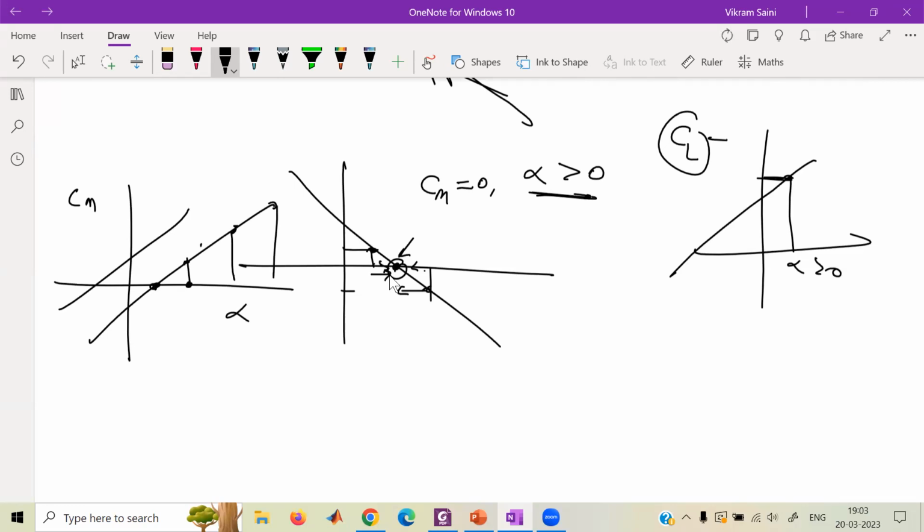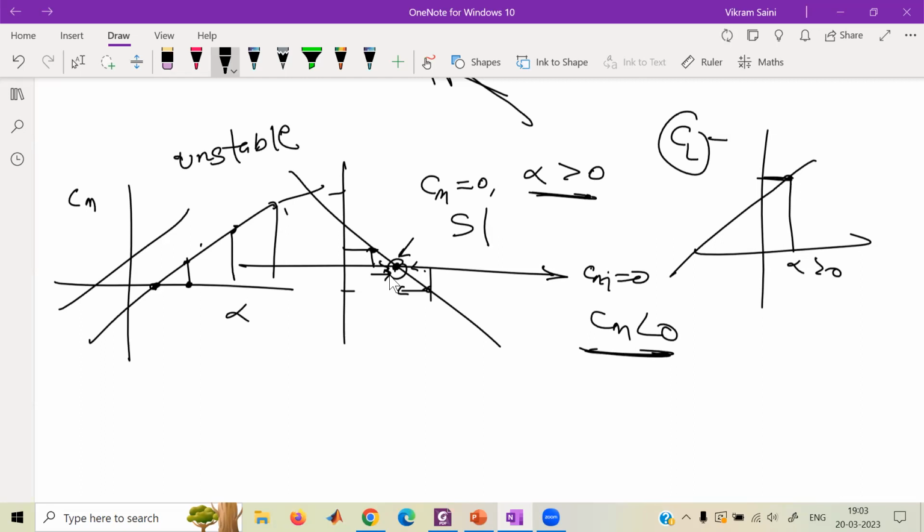When alpha increased, you went below the CM equals 0 line. So CM became negative, and it has a tendency to decrease the angle of attack when CM is less than 0. But in this case, it continued increasing it. So this is unstable, and this one is stable. That is the reason why CM alpha is negative.